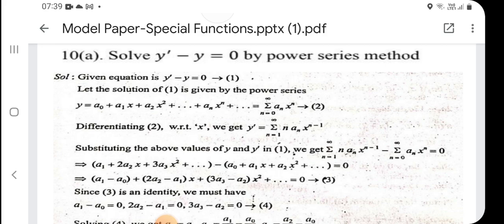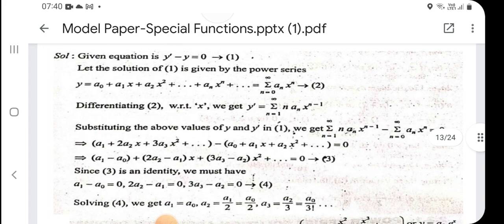Anything power 0 is 1, so it becomes simply a1. When n is equal to 2, it becomes 2a2 x, 3a3 x square and so on. Now similarly start giving the values n equal to 0, 1, 2, 3 etc. The second term becomes a0 plus a1 x plus a2 x square plus and so on, that is equal to 0.